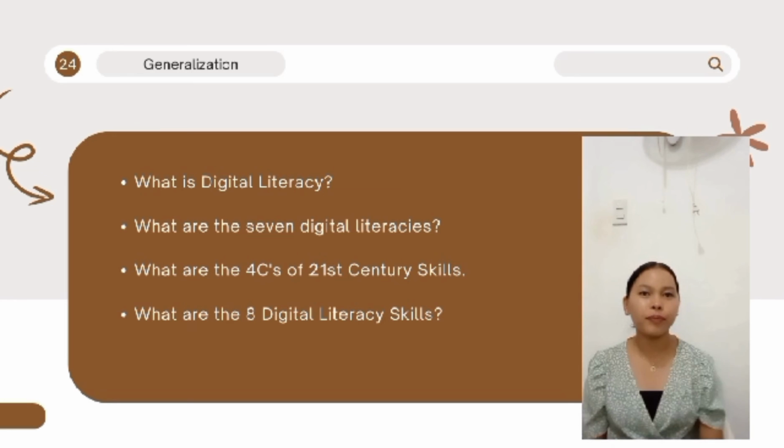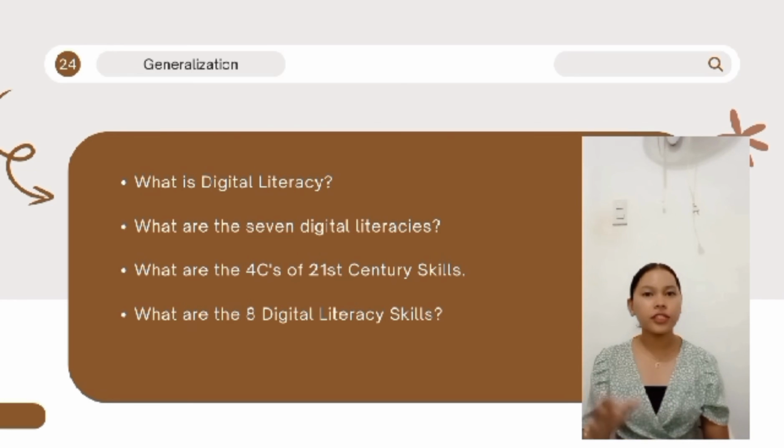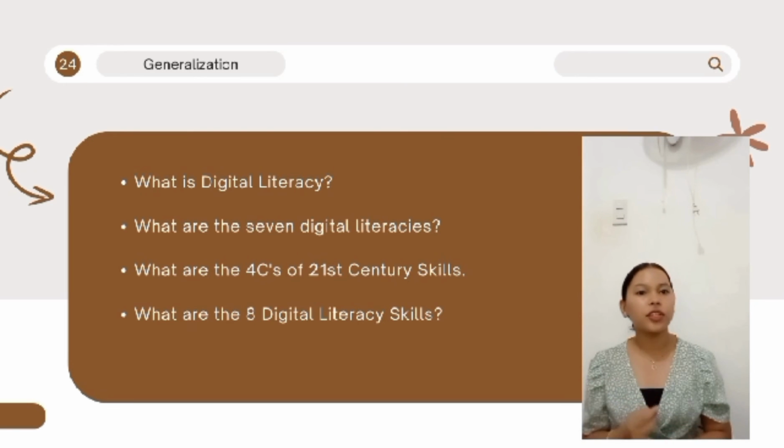Very good. So our 7 digital literacies are the media literacy, information literacy, ICT literacy, communication and collaboration, identity management, learning skills, and digital skills.